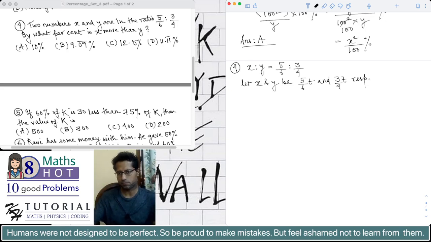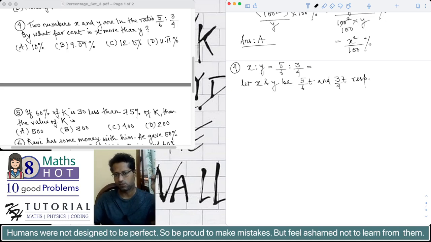If you are given a ratio, you can always multiply both the parts by the same number. Since the parts 5 by 6 and 3 by 4 are fractions, I can multiply both parts of the ratio by the LCM of 6 and 4.